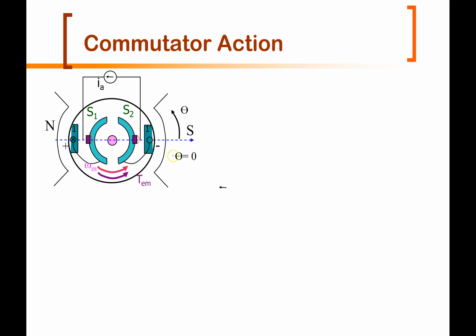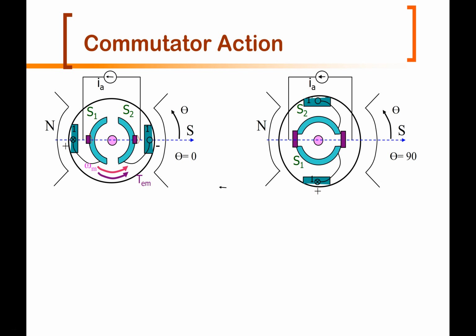So when the angle is 0, this is our angle here, this is our field, and we are taking the angle at 0 as this orientation of the commutator. So when it is at 0, I have current going into 1 and coming out of 1 prime.